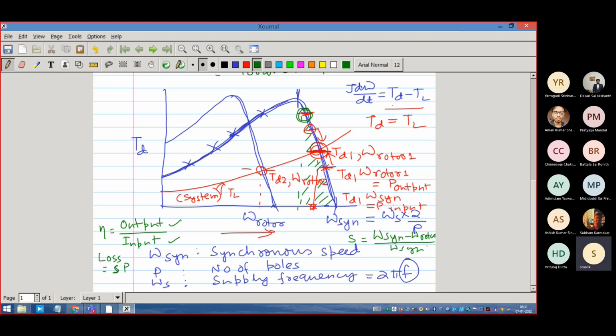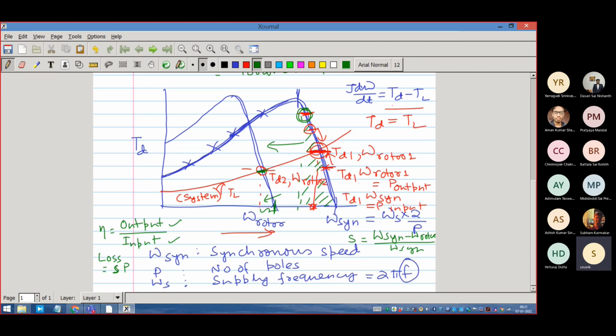However, what we can do is change these characteristics, shift the characteristics by developing this electronic method, and we can operate at different points. Again, when we are operating at this point, you see that I have taken care that my slip is less, because slip is now with respect to this synchronous speed.